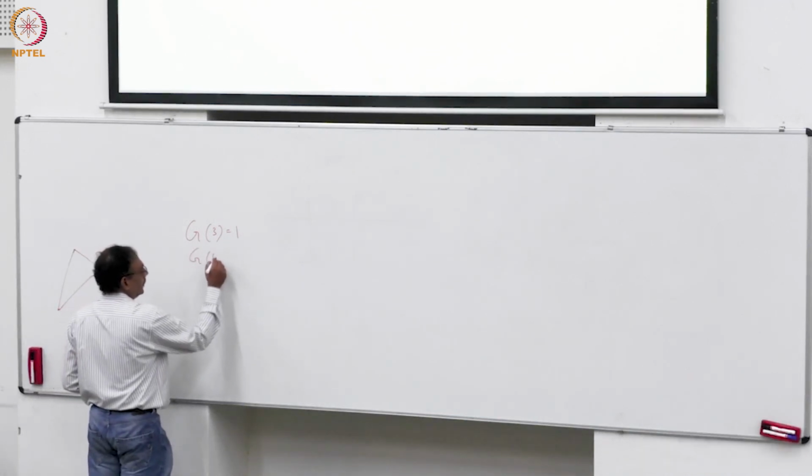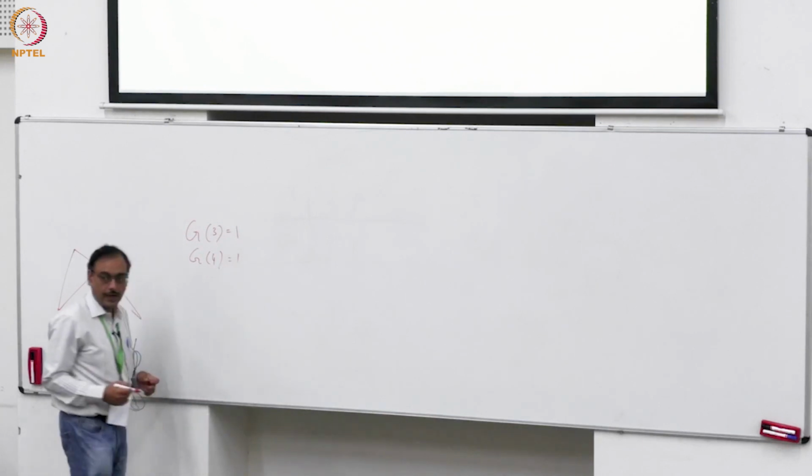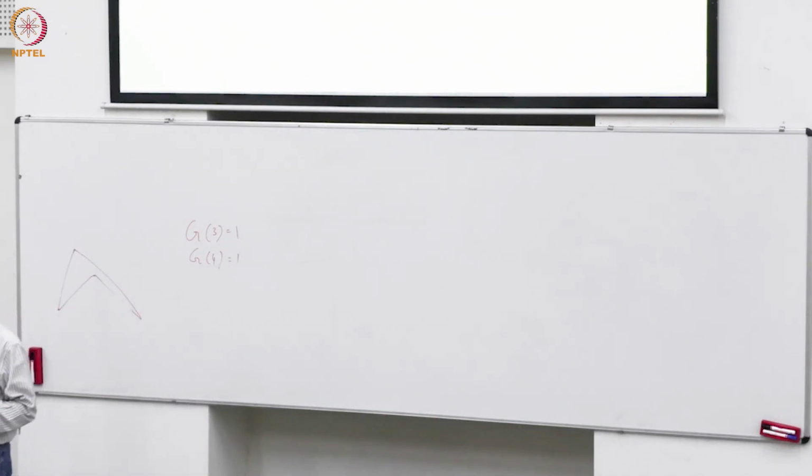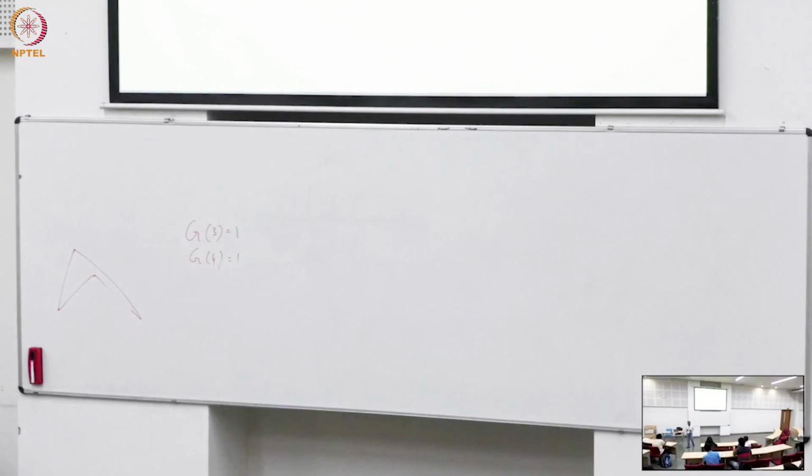So what about the next step? Take a 5 vertex polygon. How many? So what is your answer for a 5 vertex polygon?